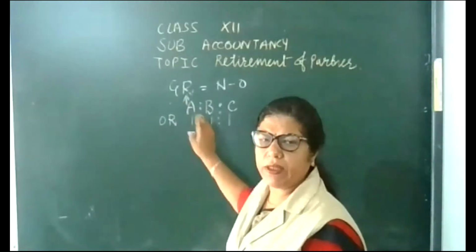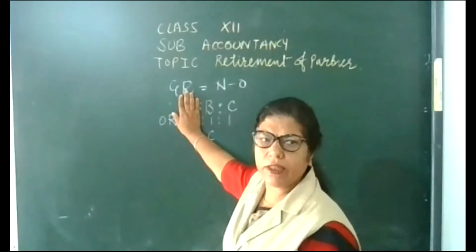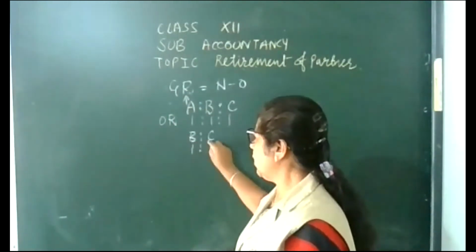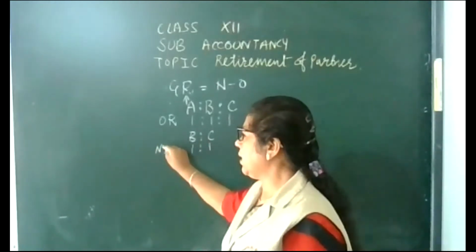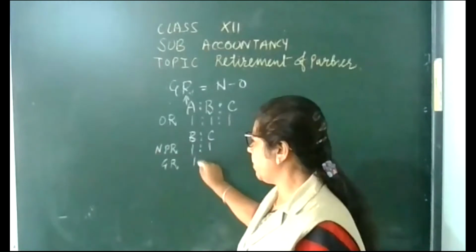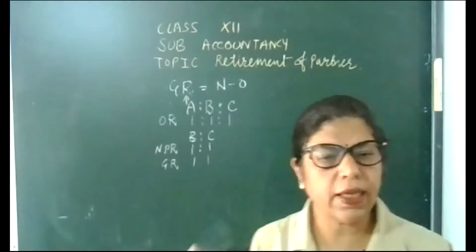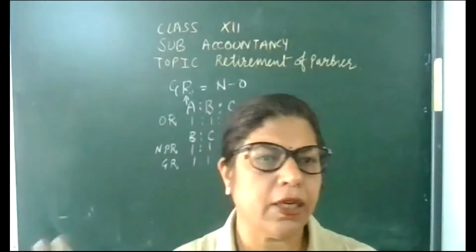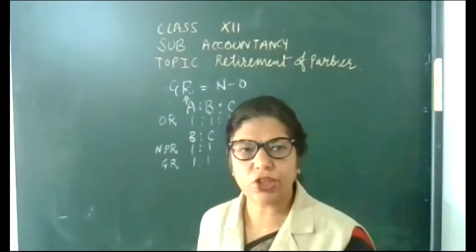Remaining are B and C, and what is their ratio? 1:1. That is their NPR as well as their GR, meaning gaining ratio.